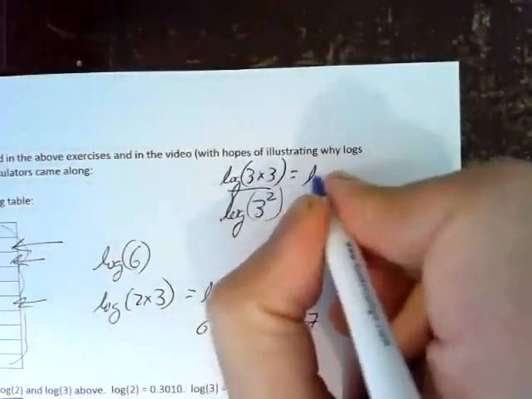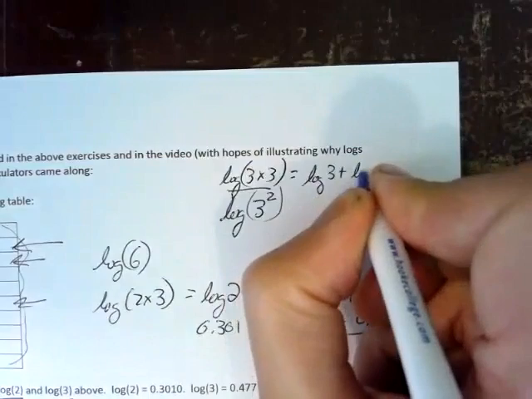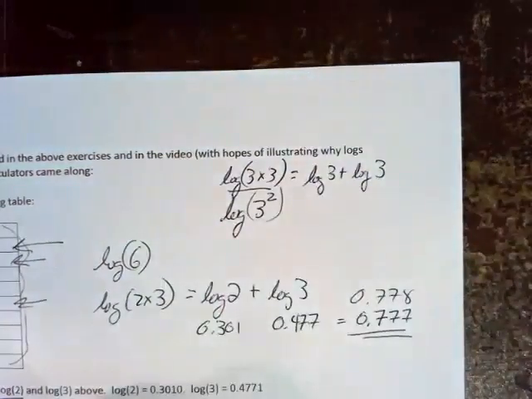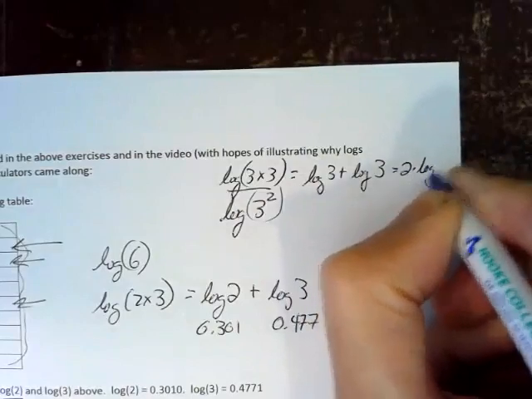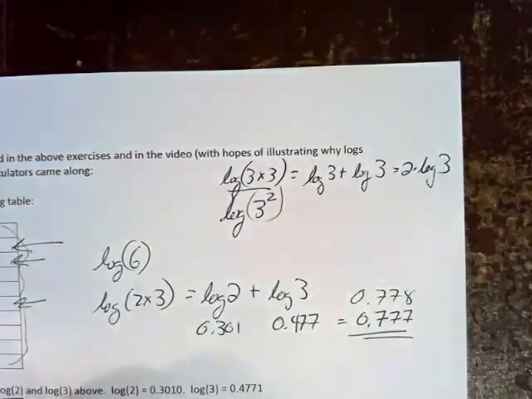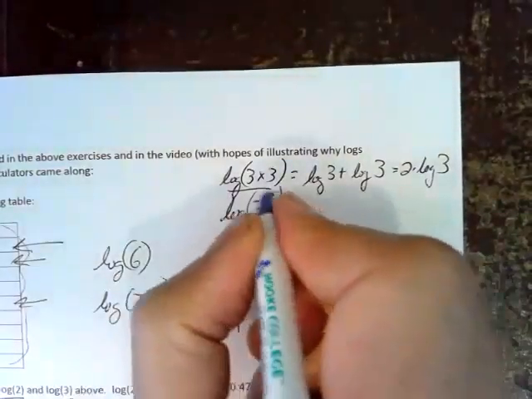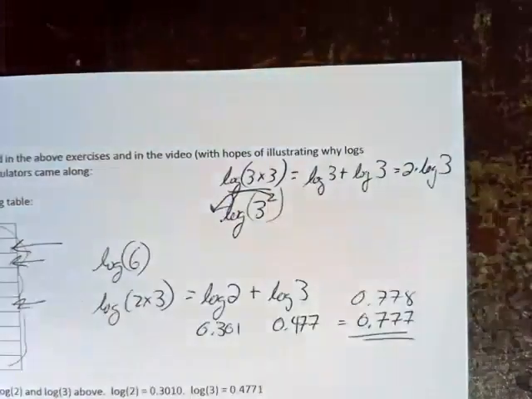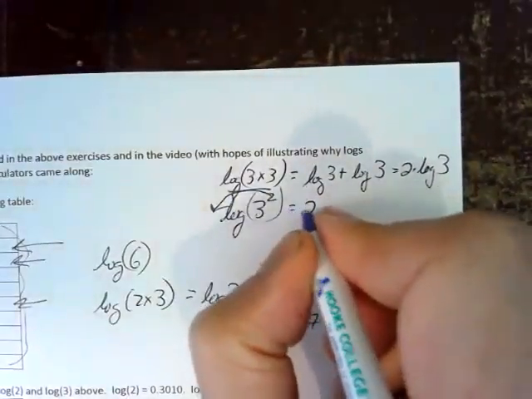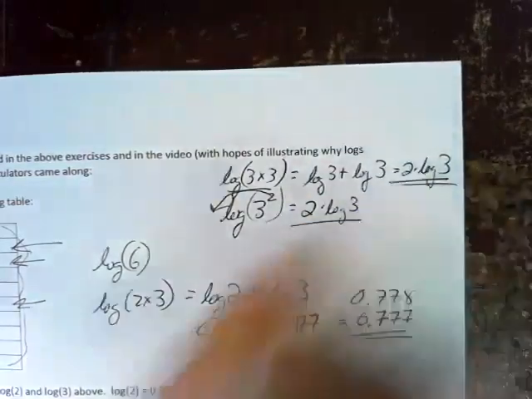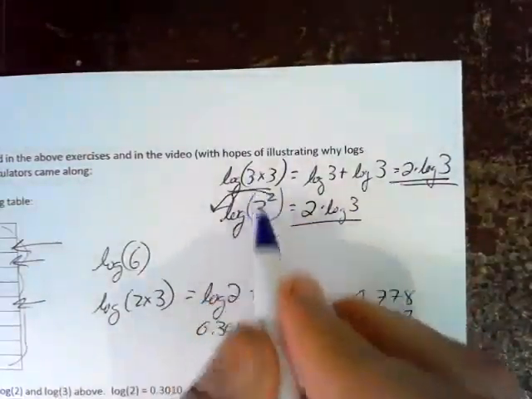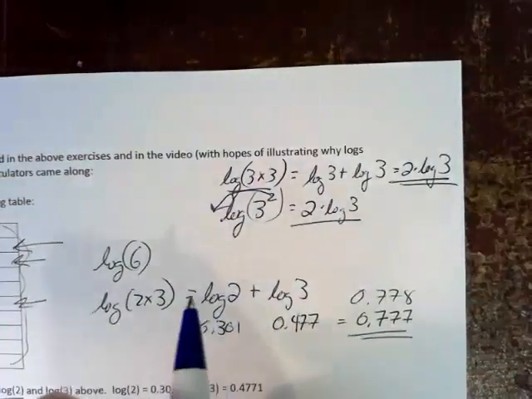If we leave it this way, we get the log of 3 plus the log of 3. Well, that is just 2 times the log of 3. Remember what we did with exponents and logs? We brought it outside and said this is 2 times the log of 3. Exactly the same result regardless of how we treat it because they're all mathematically equivalent.